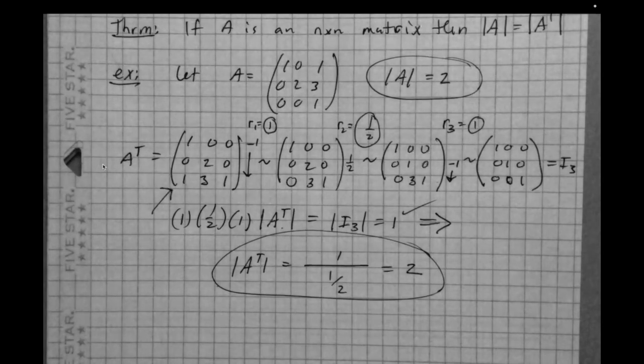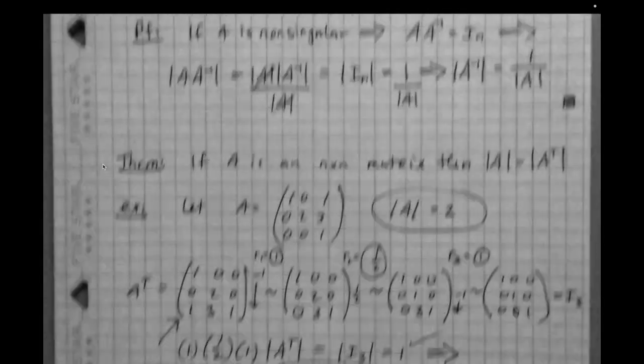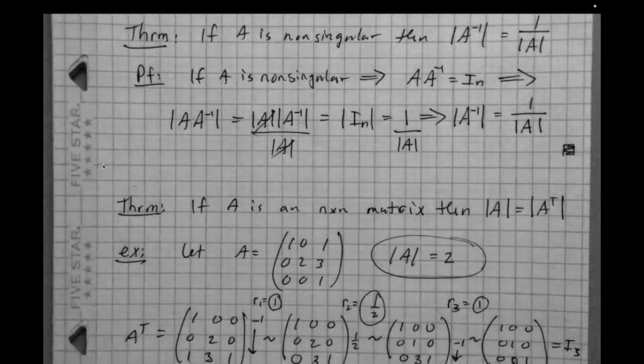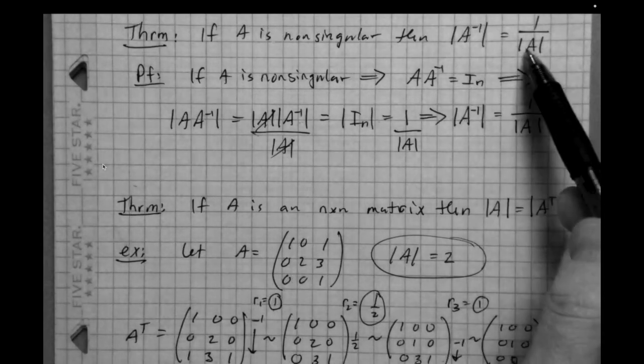Great, so now we know some more about the determinant. We know that the determinant of a product is equal to the product of the determinants. We know that the determinant of an inverse is equal to 1 over the determinant of the original matrix. Okay, so we know this one.